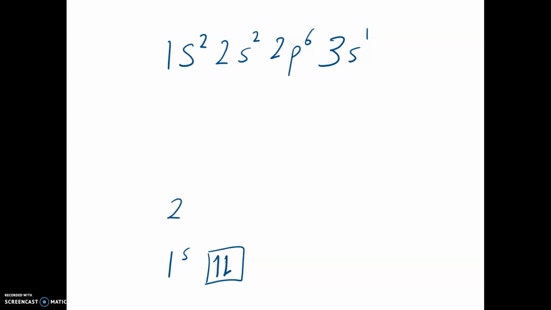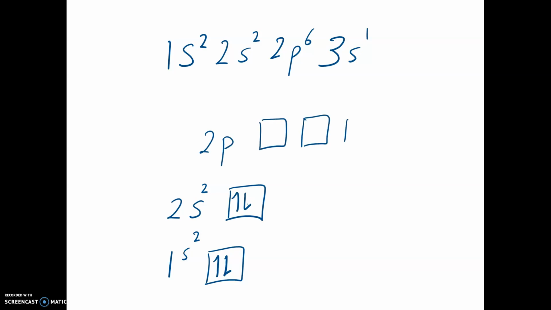So for 2s, I have to do the same. I'll fill in the one row and then the next. So here 1s, and because it's got 2 electrons, I put 2. 2s, I have 2 electrons, I put a 2. Now if I look at 2p, I have got 6 possible electrons I can put in.